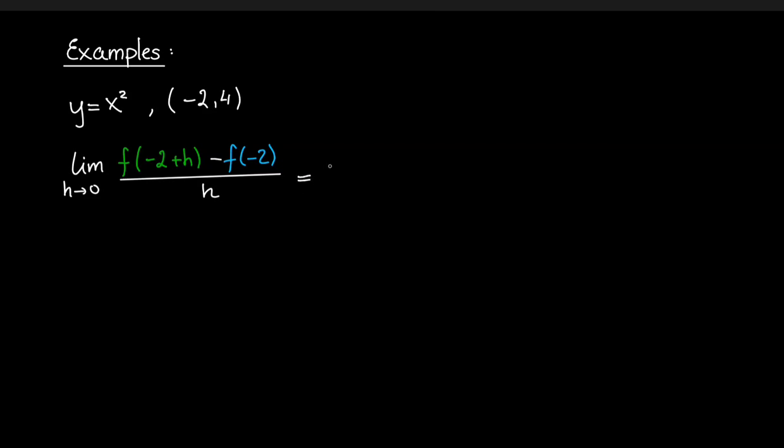Now, f of -2 plus h would simply mean (-2 plus h) squared. And of course, f of -2 is simply (-2) squared, which is positive 4.